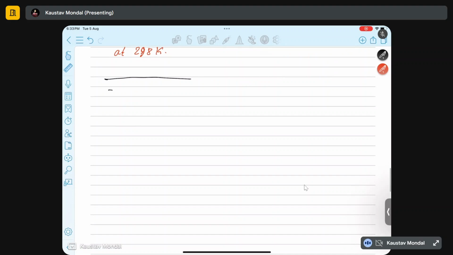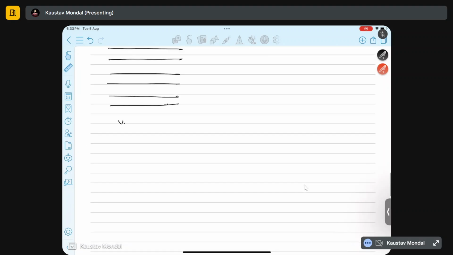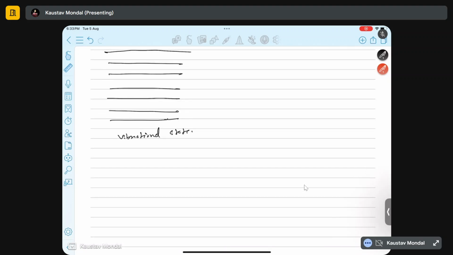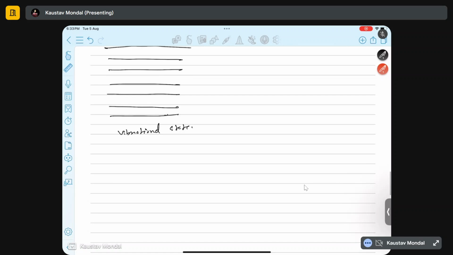So these are different vibrational states, 0, 1, 2, 3, likewise.